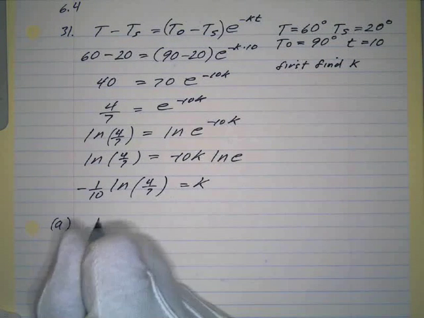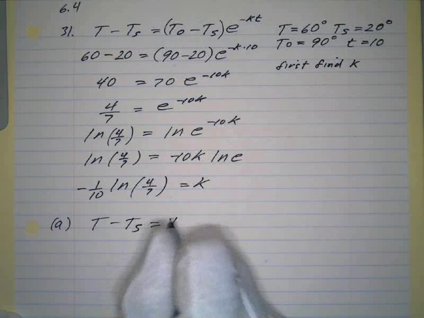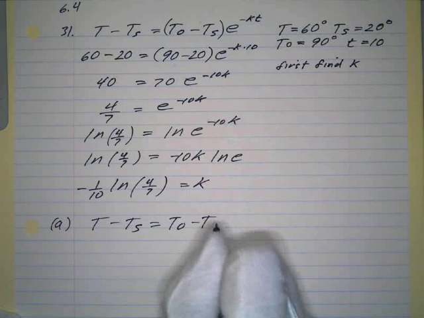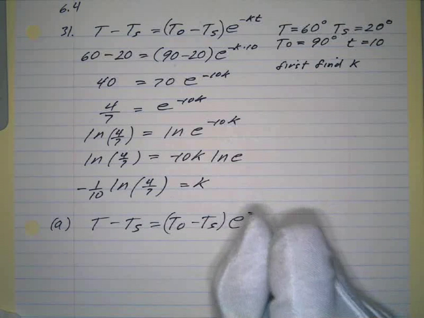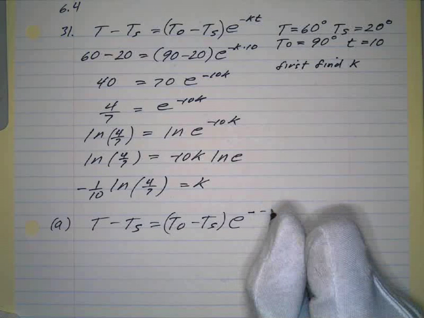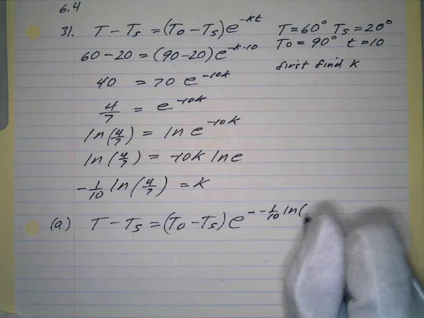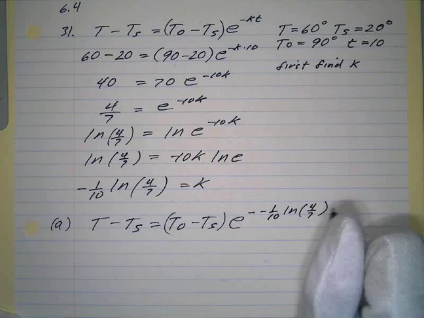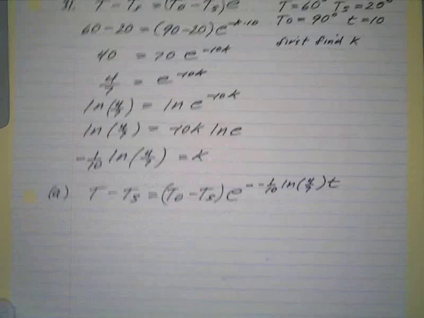So we have T minus T sub S equals T sub 0 minus T sub S times e to the negative, and what's my K? My K is negative 1 over 10 natural log of 4 over 7, times T. So there's my whole shebang. Okay?